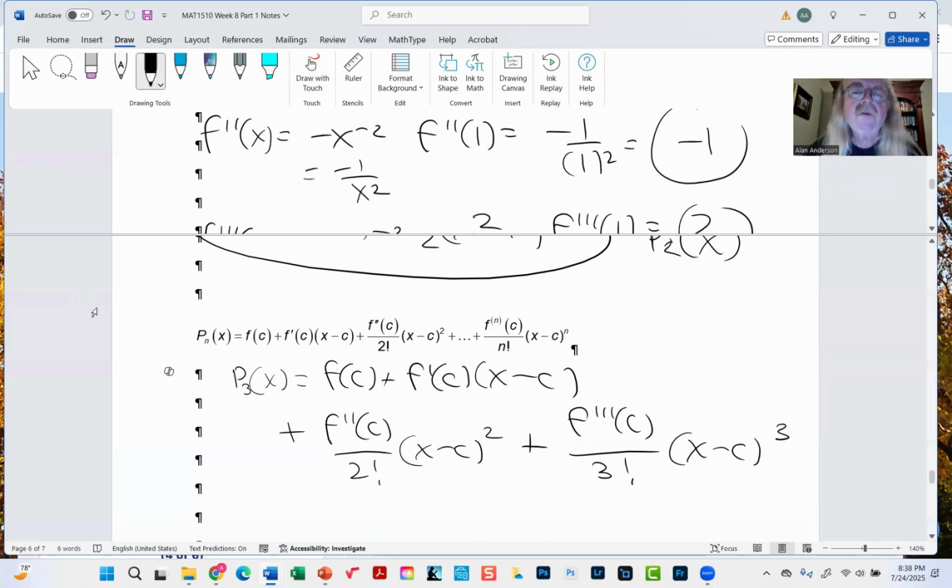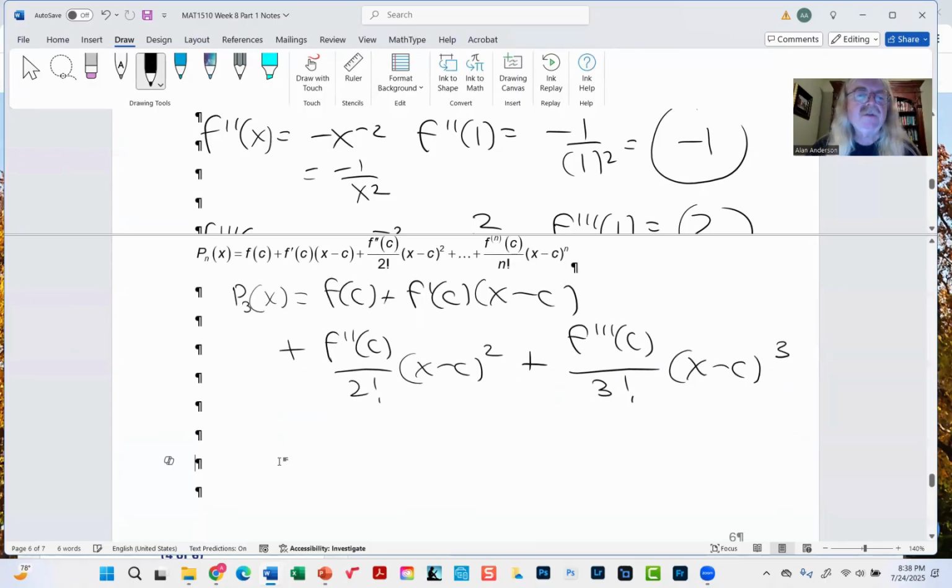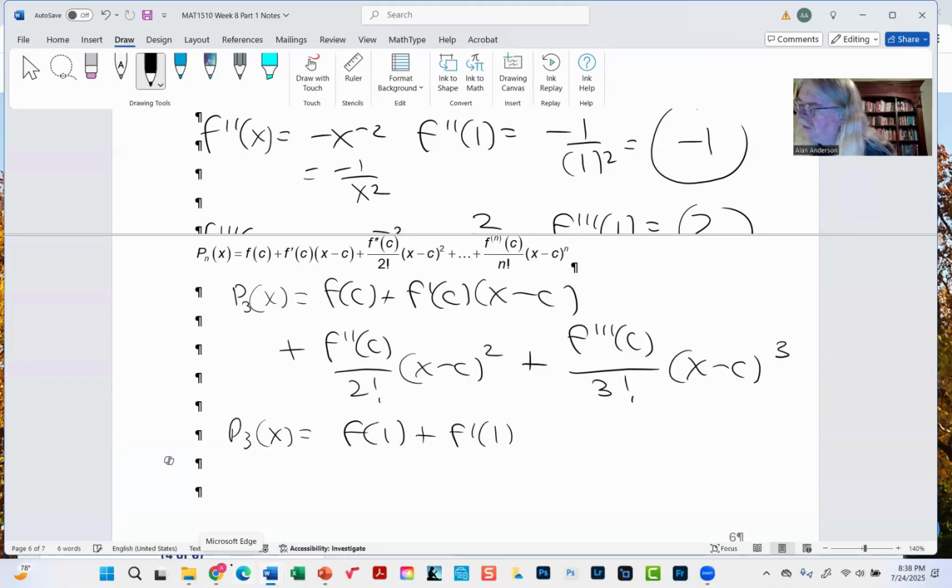So those are the terms we need now for P3. And so then keeping in mind that 1 is c, you have f of 1 plus f prime of 1, x minus 1, f double prime of 1 over 2.